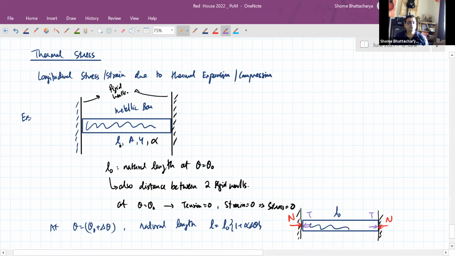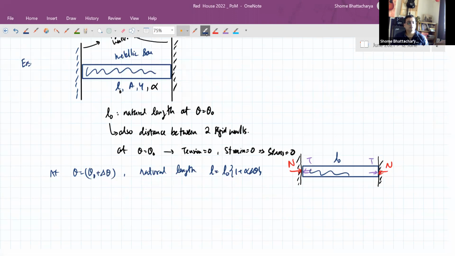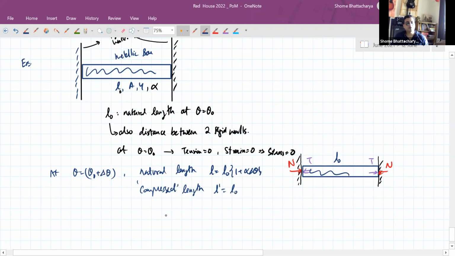So this tension due to thermal stress says that the natural length is this, but the compressed length L prime is equal to L1. So the compression is the natural length minus the compressed length.